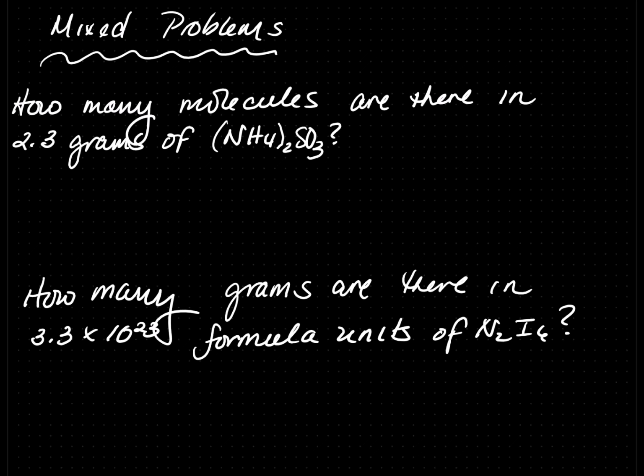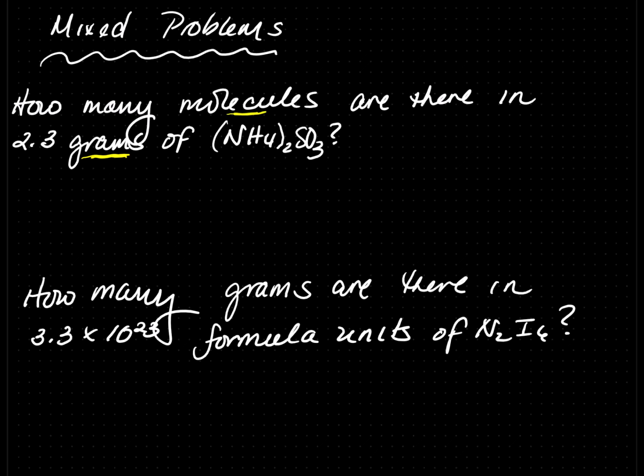So let's look at this first problem. It says, how many molecules are there in 2.3 grams of ammonium sulfite? So gram, I know, is mass, and molecules is Avogadro. So we know we have to use 2 conversion factors. We have to go through moles.